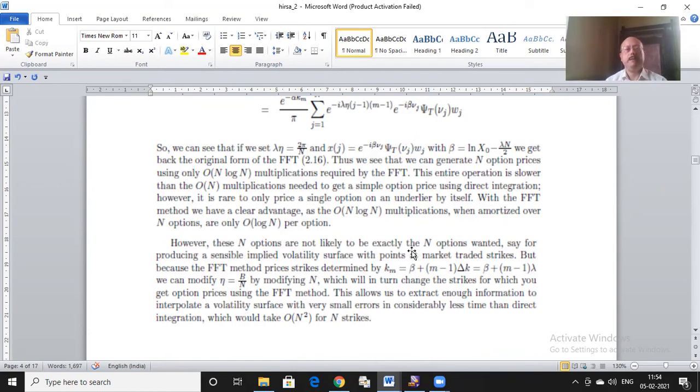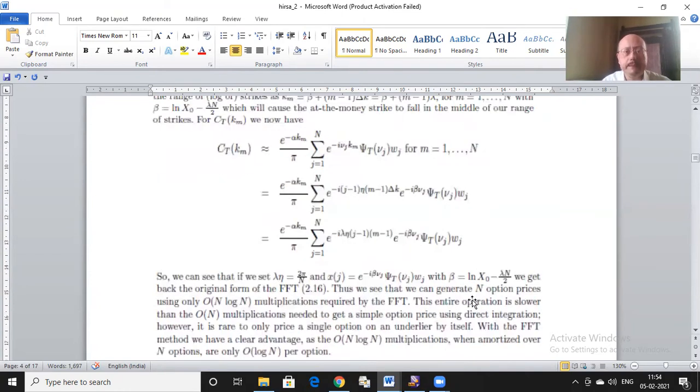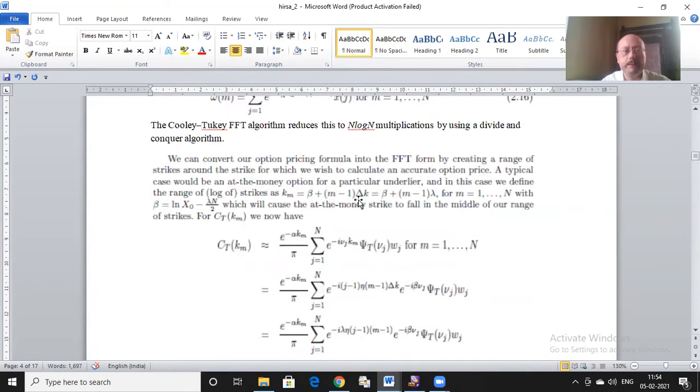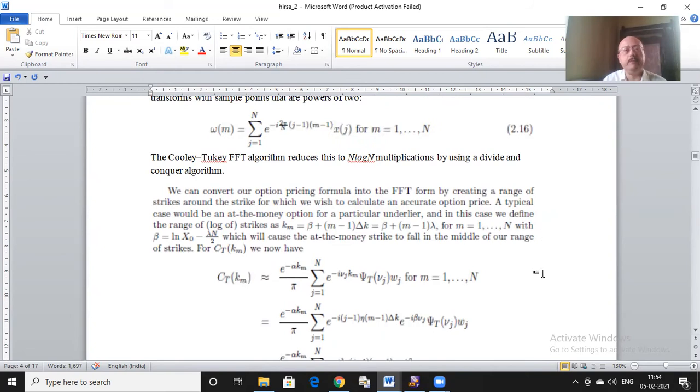Because in a market, what we really want is option prices at some particular strikes which are important for us. And this grid is a very simple linear grid, equally spaced, that may not be exactly the grid that I really want.